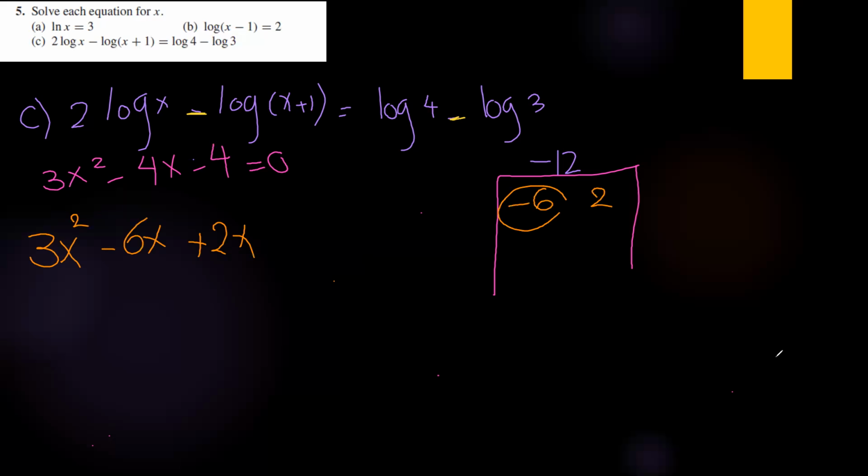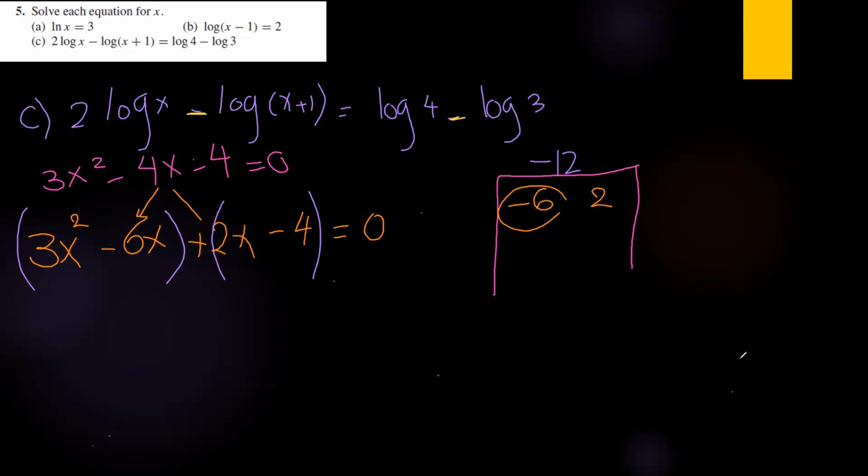So rewrite it as negative 6x plus 2x minus 4 equals 0. The next step, divide them first like this into two brackets.